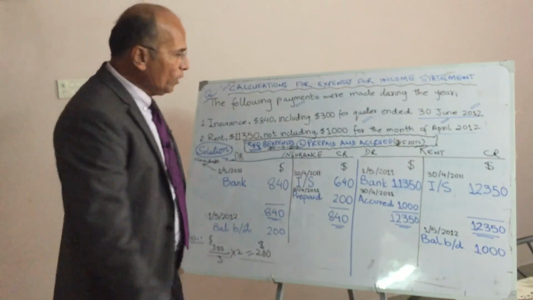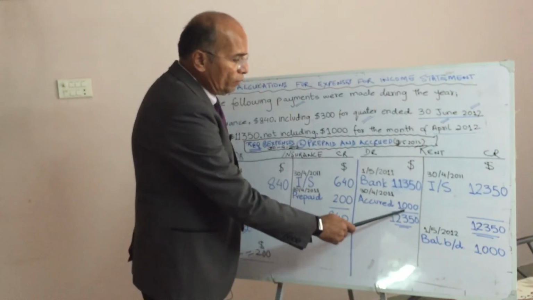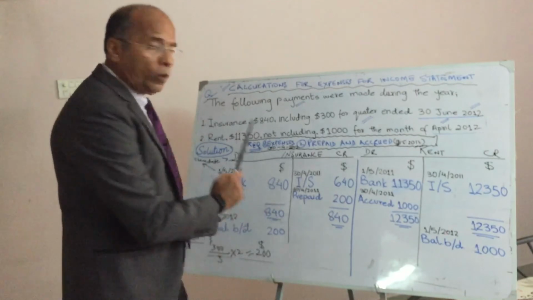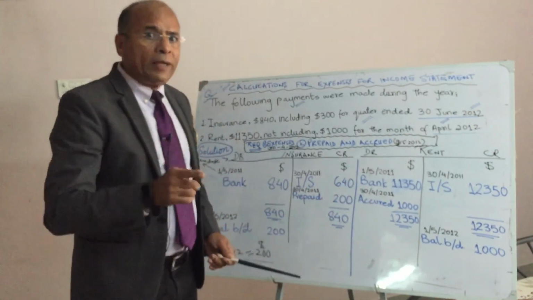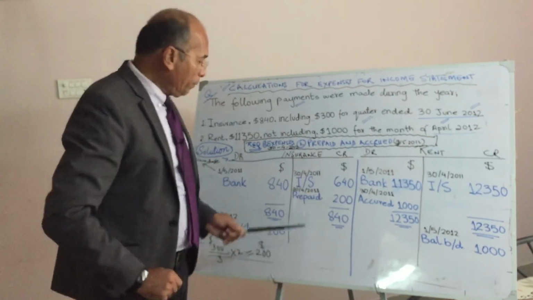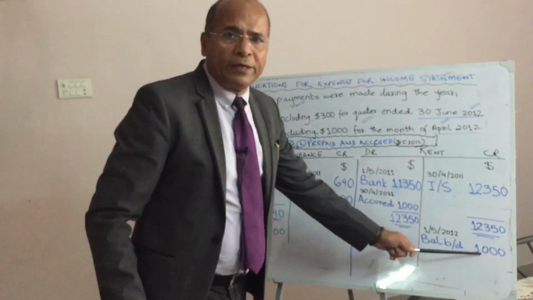So what did I do? 11350, this was the payment. 1000, which is accrued, which is a liability account. Prepayment was an asset account. Accrued is a liability account. The balance of accrued and balance of prepayment, both numbers will go to the balance sheet. But prepaid will go as an asset, and accrued will go as a liability account.